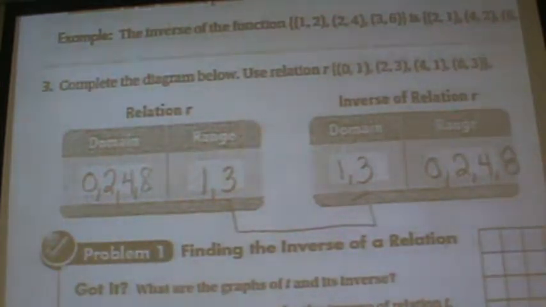Yep. Easy peasy. Okay, could you graph a relation and its inverse? Can you do that? Yeah. How do you plot 0, negative 5? Go down 5.